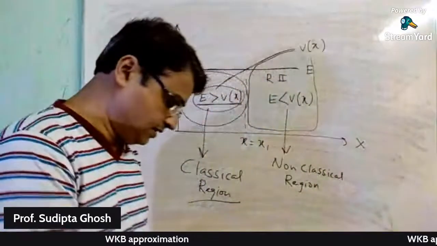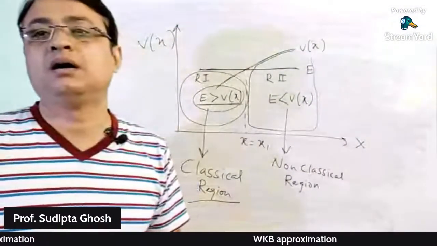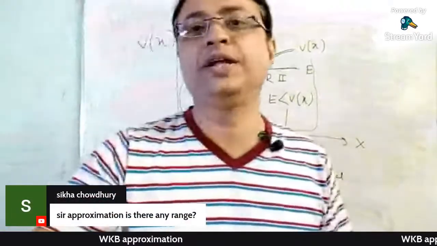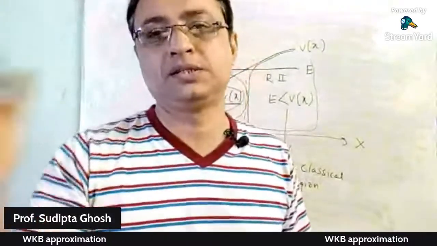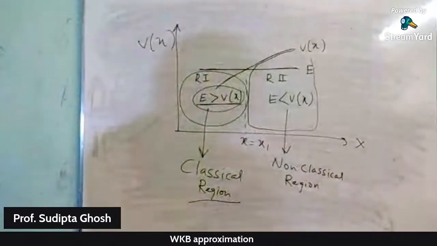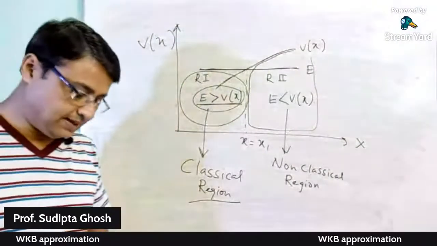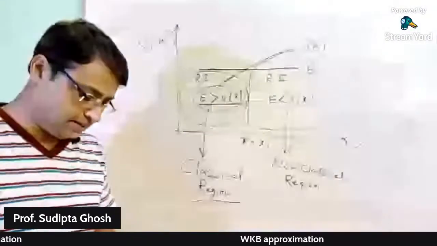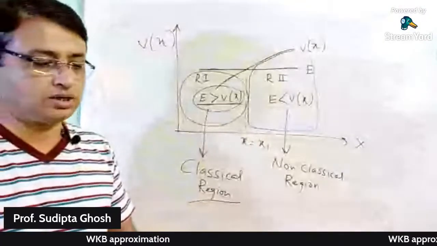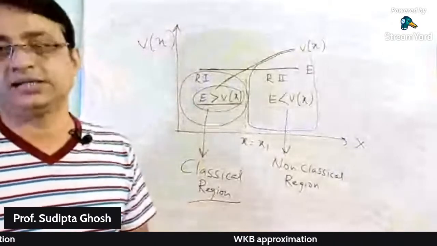Now the equations. I have just finished the discussion here. So, moving on, the equations connecting the WKB wave functions in the classical and in the non-classical regions are known as the connection formula.